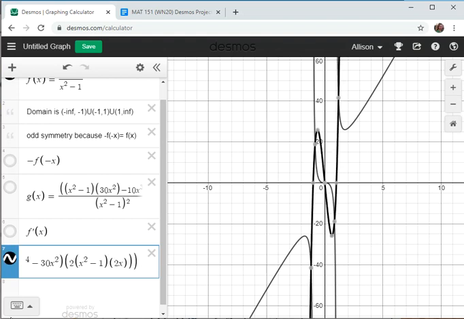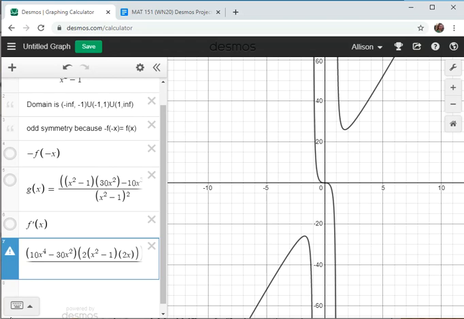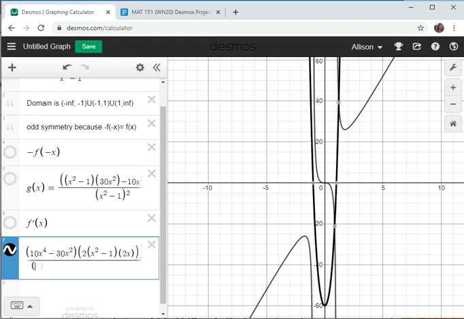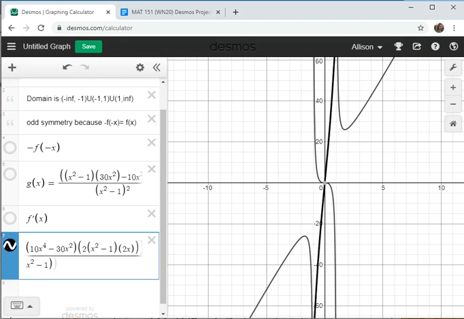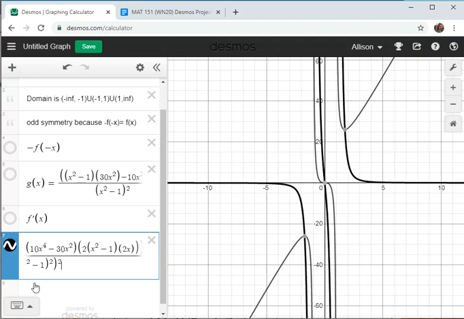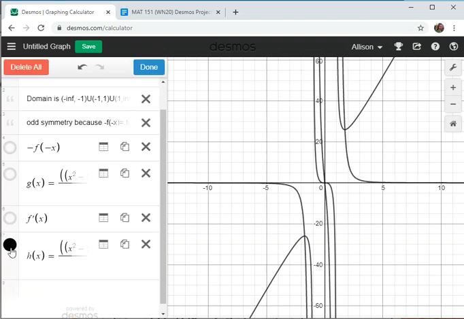That should close the numerator, and that's all divided by x squared minus 1 squared, squared.